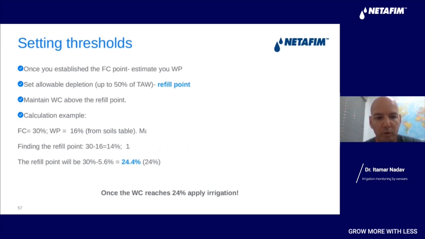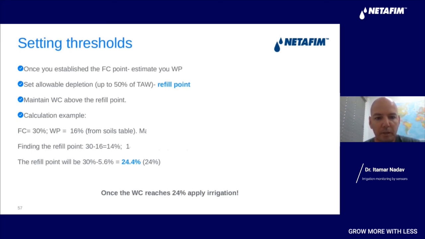So now we'll do a short calculation example. Let's say I have a soil where the field capacity is 30% and the wilting point from the soil table is 60%.